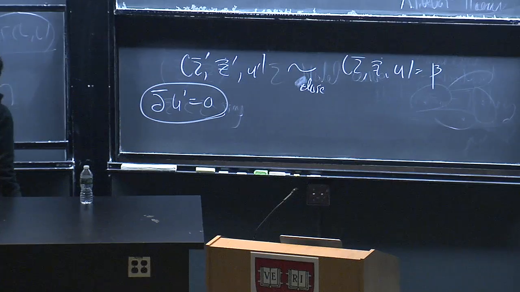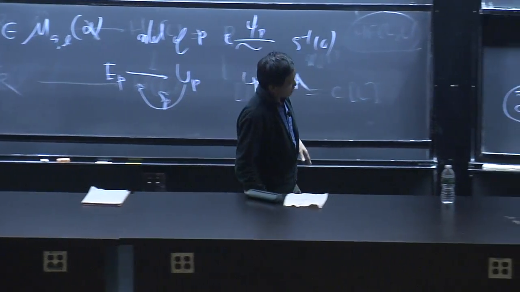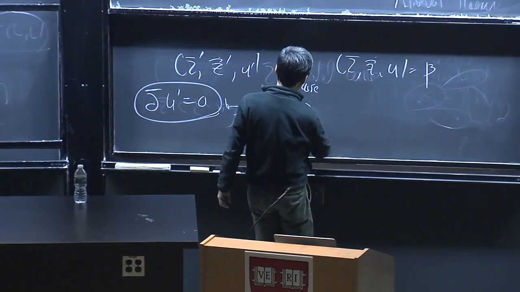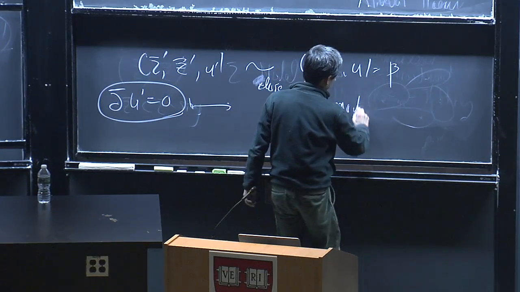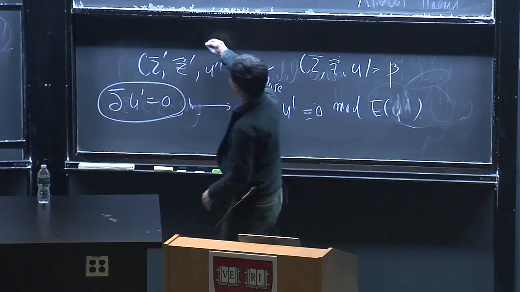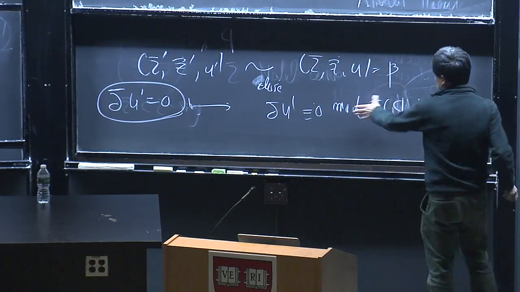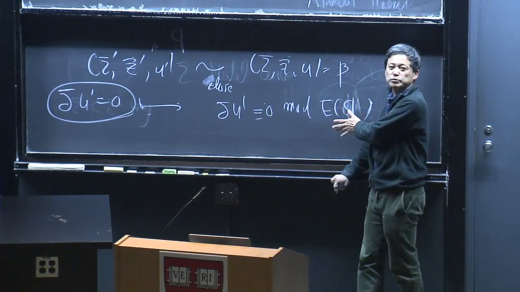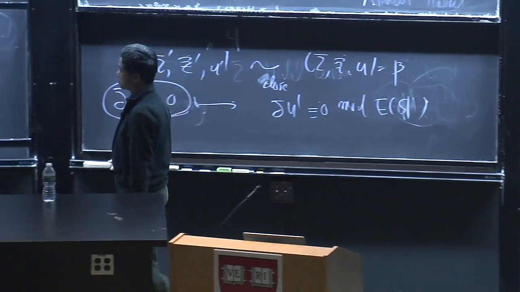So this is the neighborhood of P in this moduli space. But this equation can be bad, so I want to replace these equations: d-bar u prime is 0 modulo some finite dimensional vector space. Maybe let me write this Q, so E_Q. If you just relax the condition a bit, then you get the transversality and you get finite dimensional approximations. So this is the story to make these finite dimensional approximations.